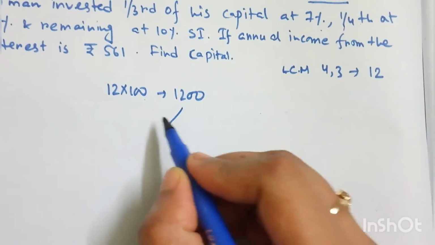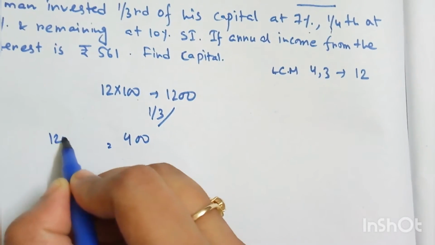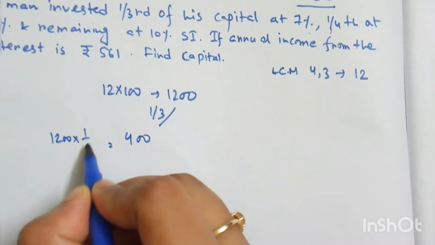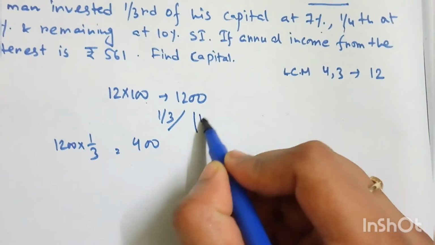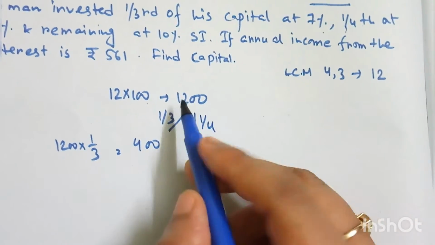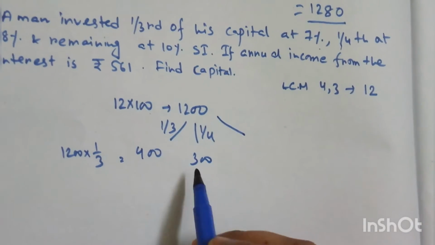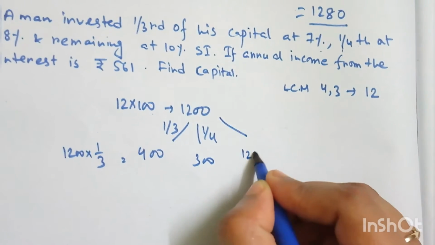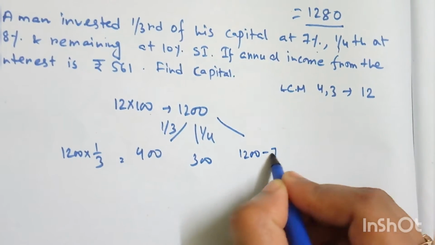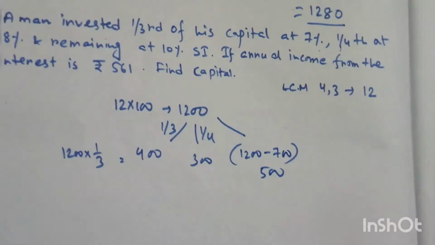Now 1/3 of this capital is 1200 into 1/3, which is 400. Then 1/4 of this 1200 is 300, and the remaining is 400 plus 300 is 700. 1200 minus 700 is 500.